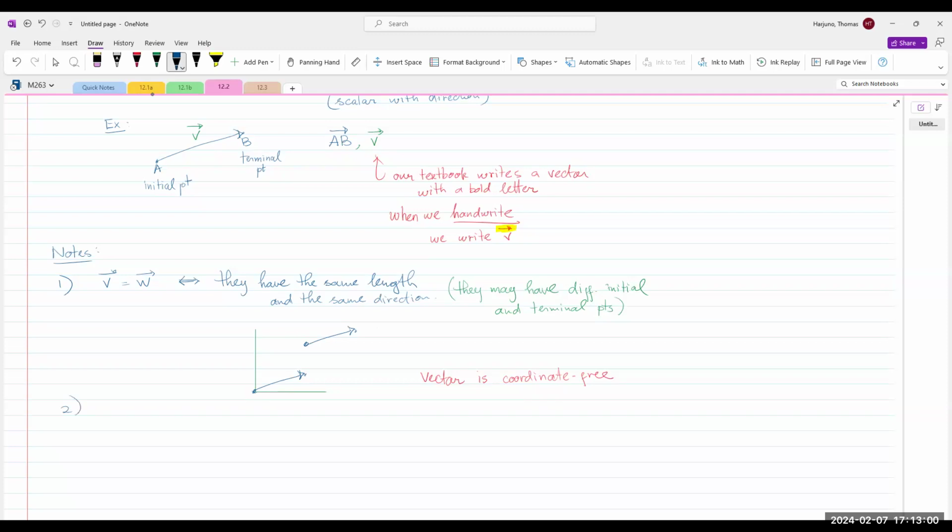The length, or norm, or magnitude of vector V is denoted by a double absolute line with vector V inside, in writing.